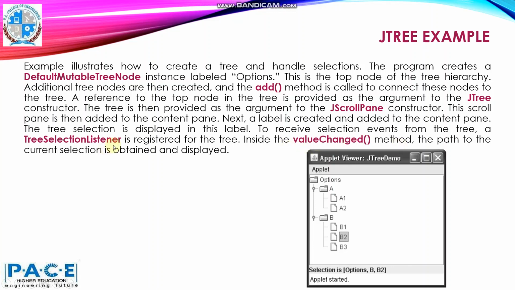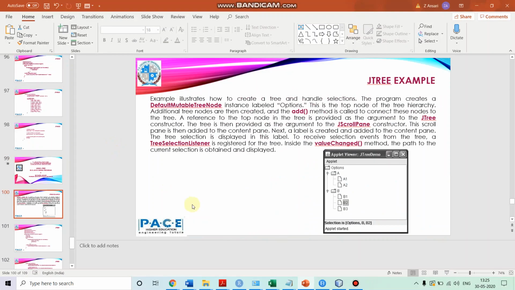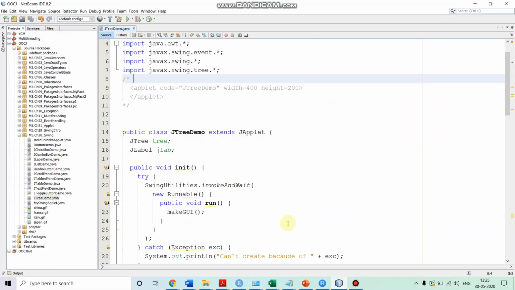Okay, so we'll see our code now. We write a class JTreeDemo. It's an applet class, so it extends JApplet. We first import the necessary packages from java.awt and javax.swing.